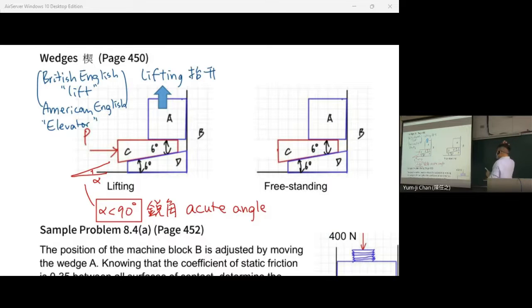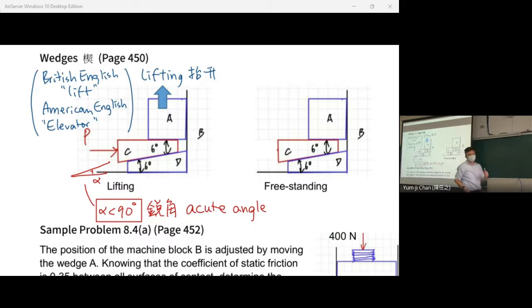So if you go to Singapore or Hong Kong, a lift means an elevator. If we have a force P here going to the right and the wedge is moved inwards, this surface moves up and block A is lifted.